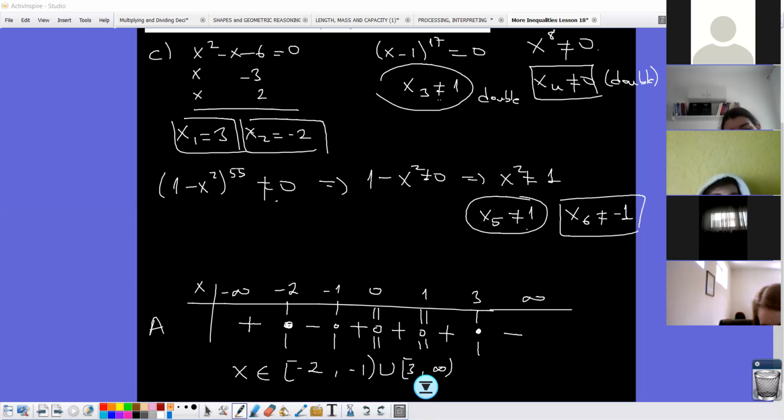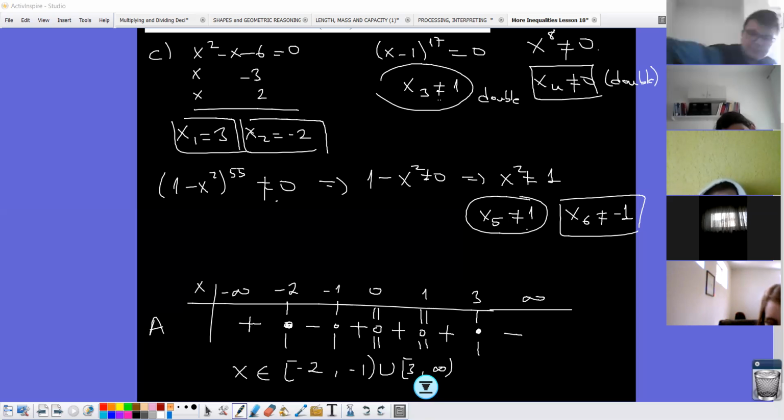If we know how to write the sign chart for the quadratics and for the linears, then systems of inequalities won't be hard for you, okay? Again, it will depend on the sign chart. If you understand how to read the sign chart, it's not a problem, okay?